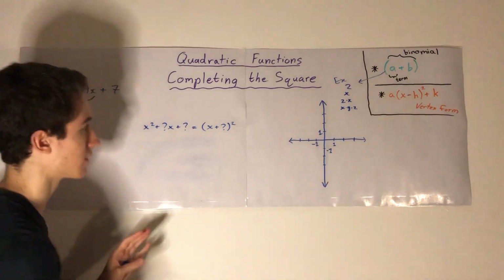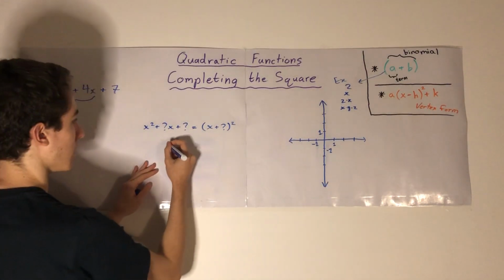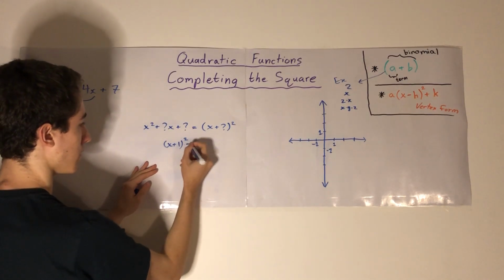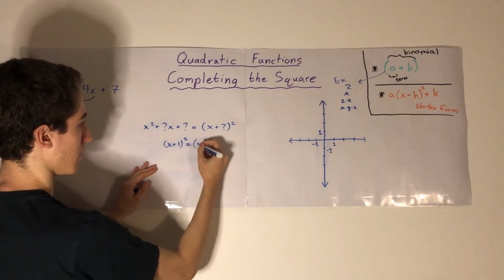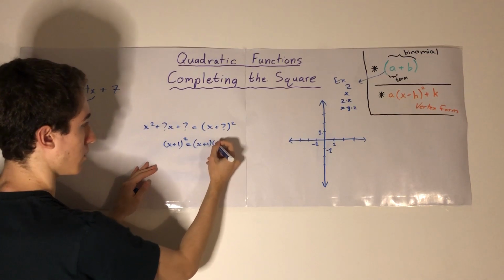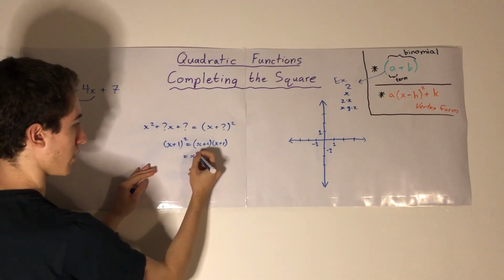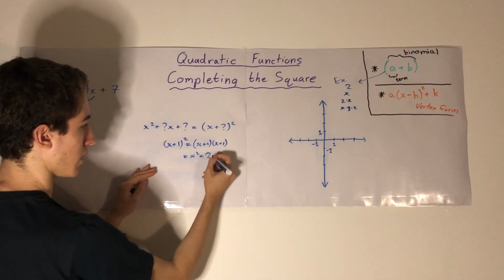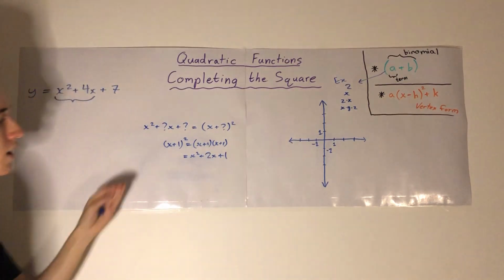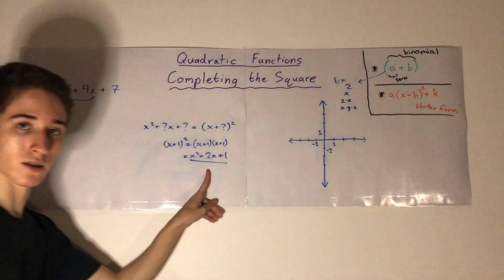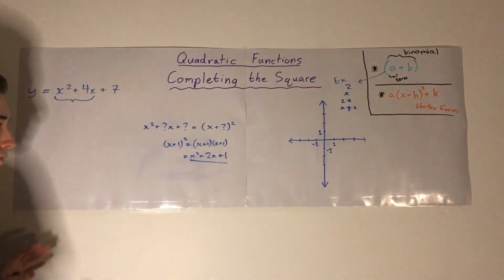For example, let's say you had x plus 1 squared. This is the same thing as x plus 1 times x plus 1, which gives you x squared plus 2x plus 1. In this case, that would be a perfect square trinomial.